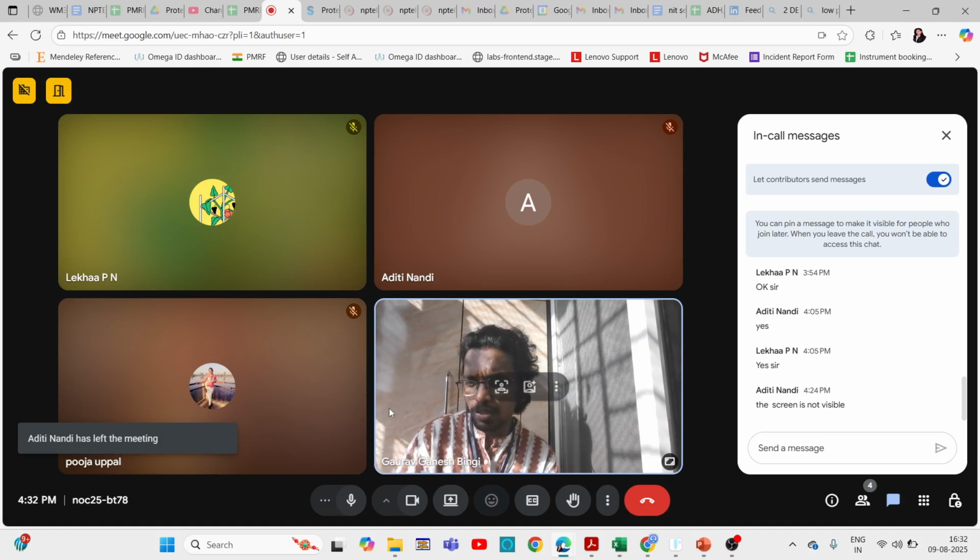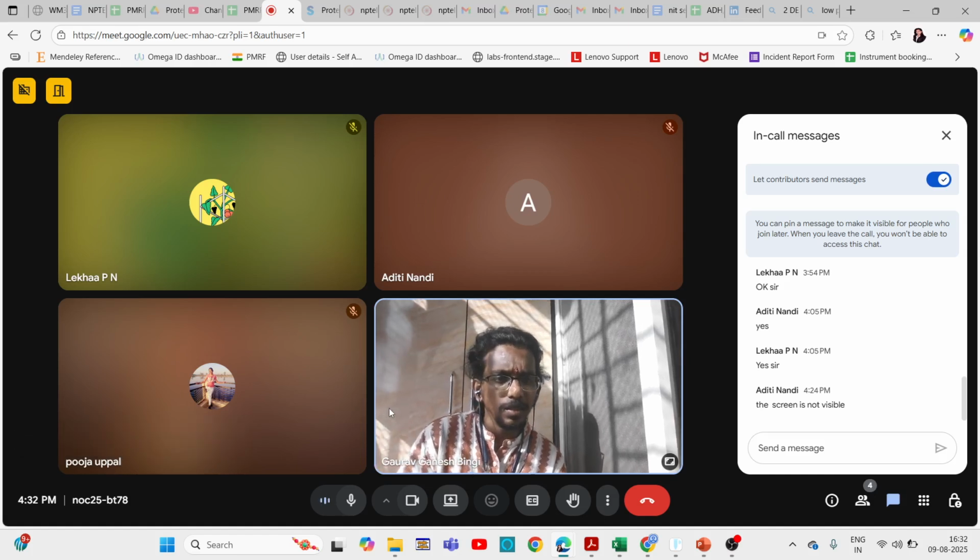Screen is not visible. Is it not visible yet also? It is not visible.